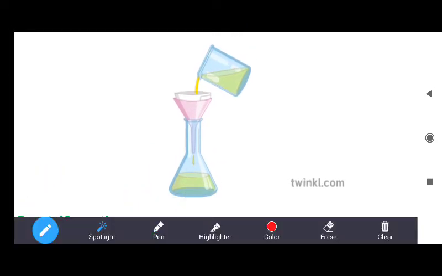If you have a solution in which an insoluble substance is present, and you pour this solution through the filter paper placed in the funnel, then the solid substance remains on the filter paper, as the solid particles are large in size and do not pass through it, but the liquid can easily pass through the filter paper and flow out, due to which the liquid is separated from the solid.